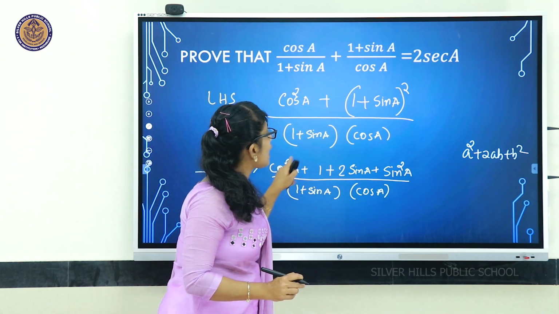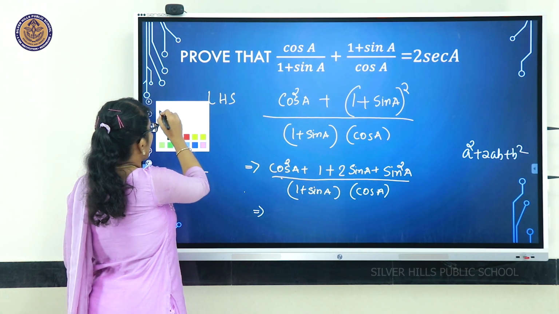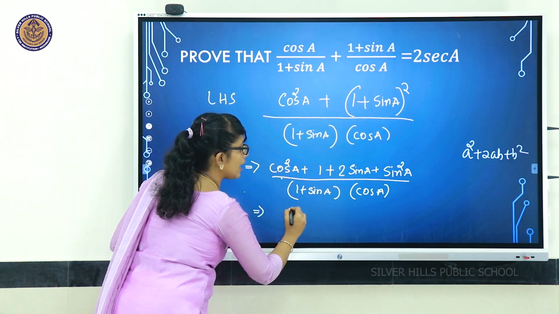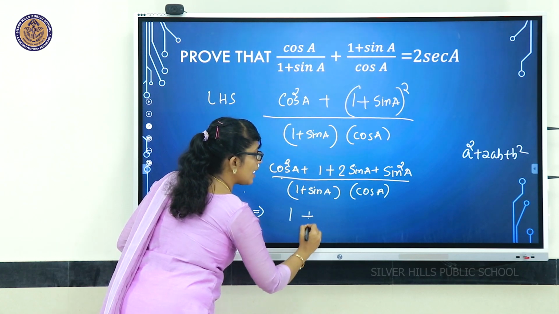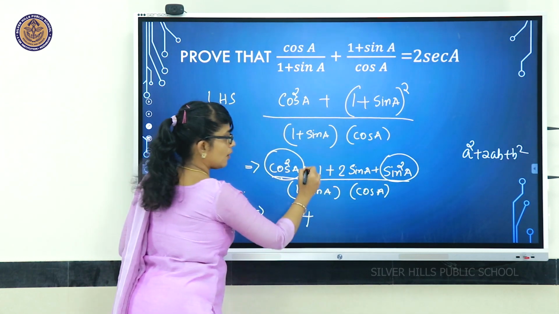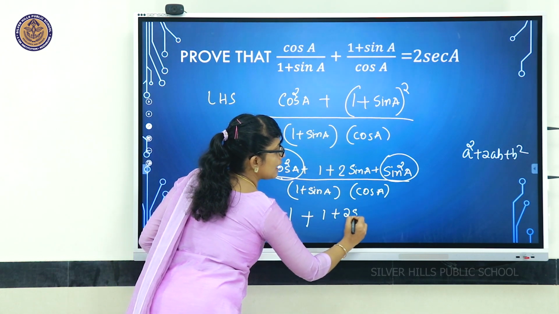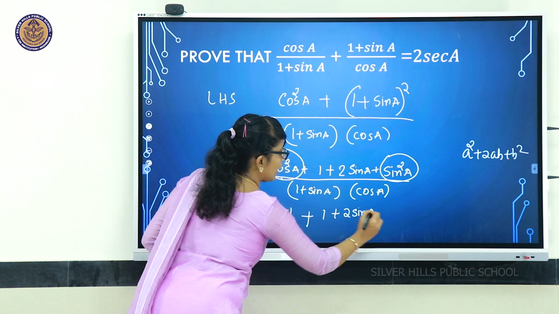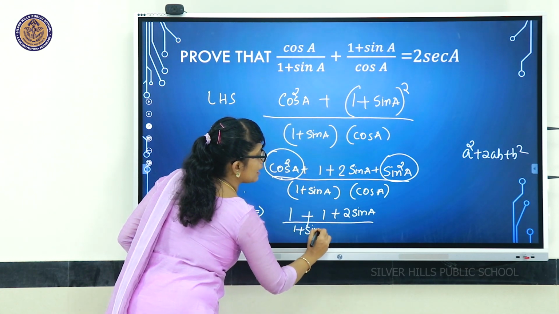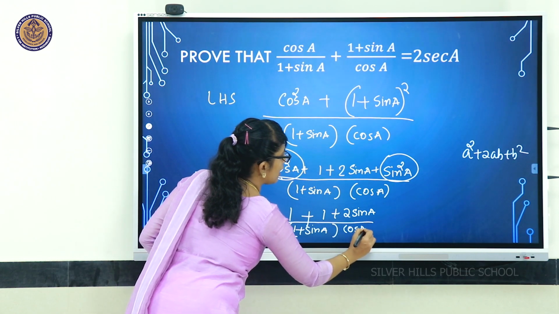Cos square A plus sin square A. So, we can take cos square A plus sin square A equal to 1. 1 plus cos square A and sin square A. 1 plus 1 plus 2 sin A divided by 1 plus sin A into cos A.